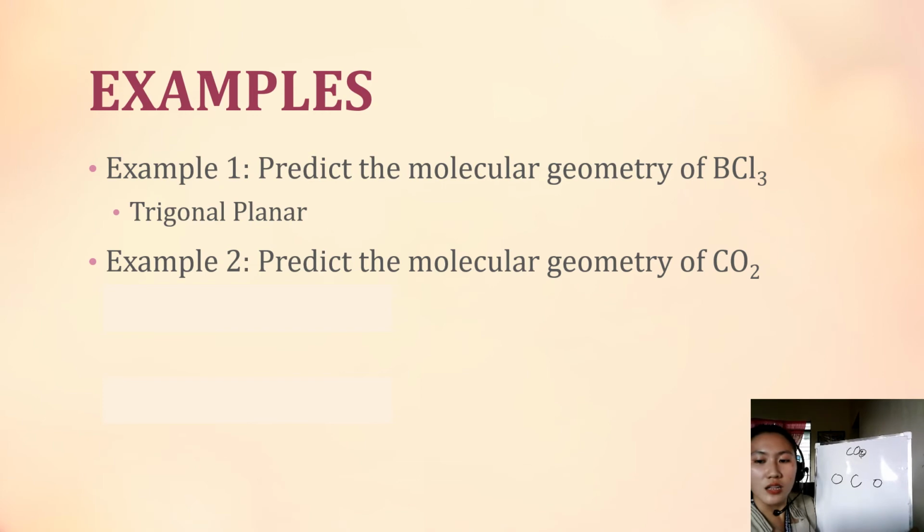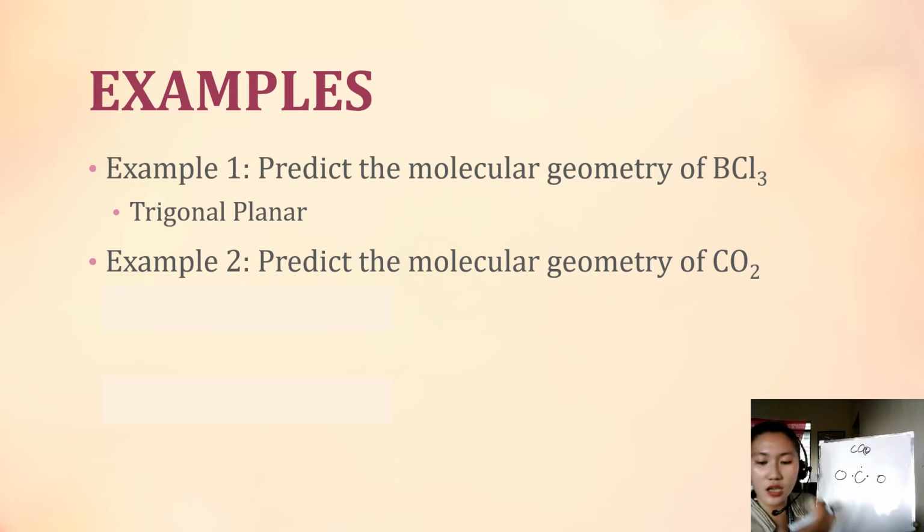Now the Lewis dot structure. How many valence electrons are there in carbon? Carbon has 6 electrons: 1, 2, 3, 4, 5, 6. So carbon has 4 valence electrons. This means 4 dots: 1, 2, 3, 4.